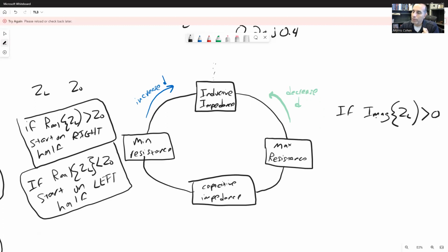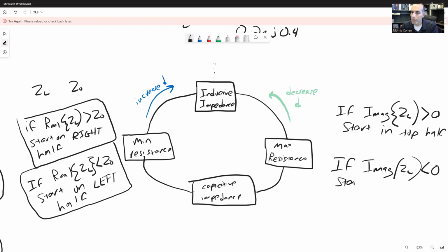That implies we have an inductive portion, and so you're going to start in the top half of this chart. Because you're starting out in inductive, and then as you add transmission line between you and the load, you're going to move in the clockwise direction. The flip is also true: if the imaginary part of ZL is less than 0, then you start in the bottom half.